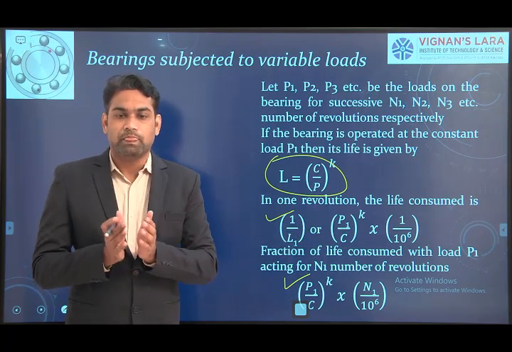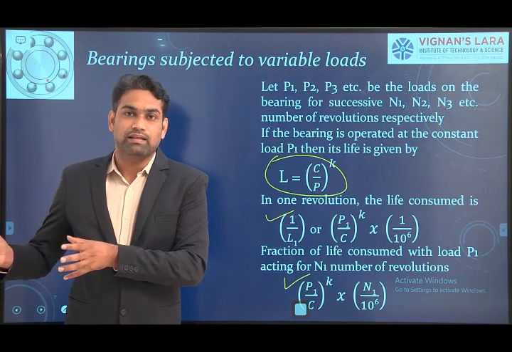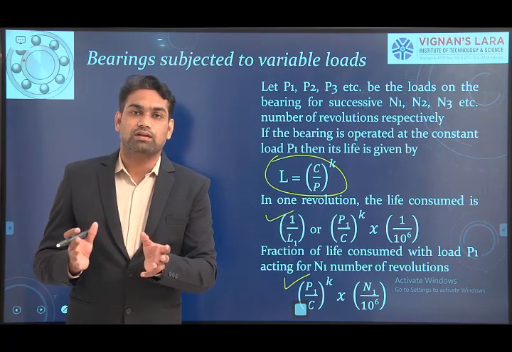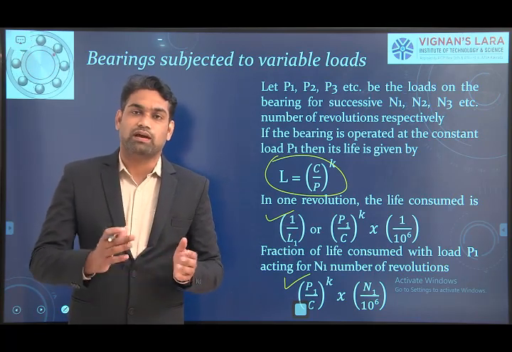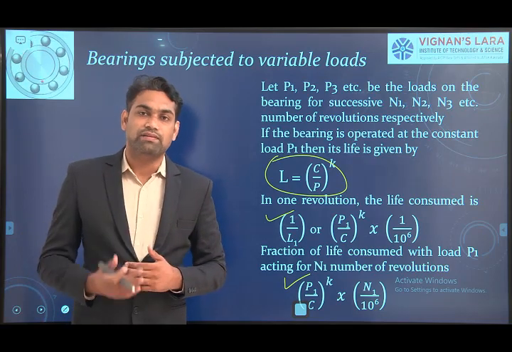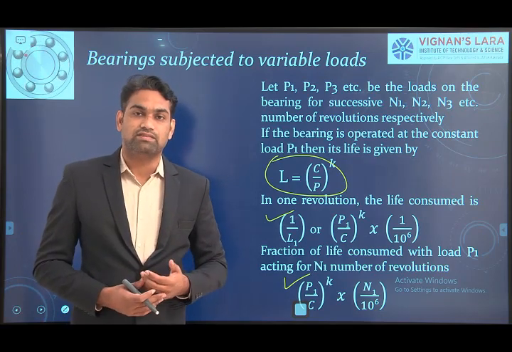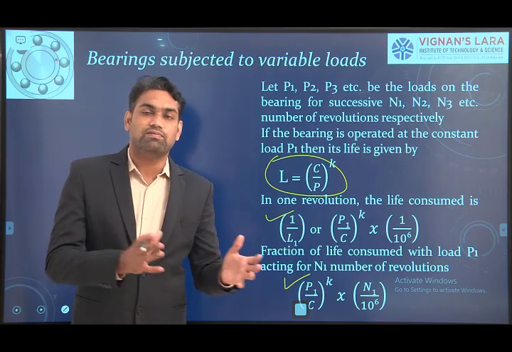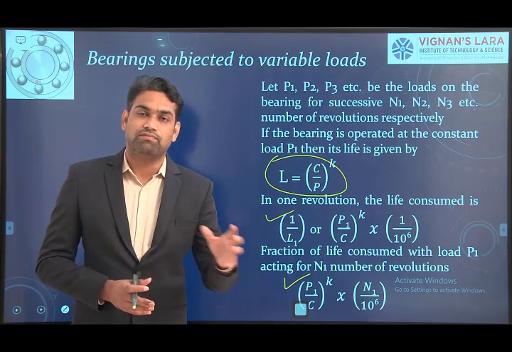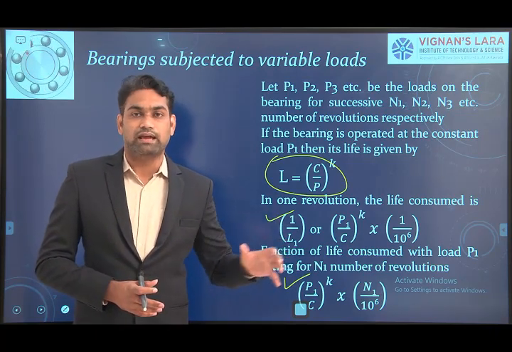So we wrote the life consumed for the different time durations. For calculating the total life consumed for one complete work cycle, we take the sum of the fractions of life consumed during all the time durations. That is the sum of the lives consumed for N1 revolutions, N2 revolutions, N3 revolutions, and so on up to the X-th time period.